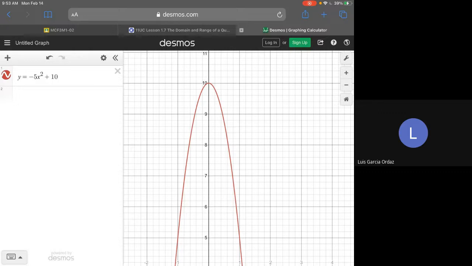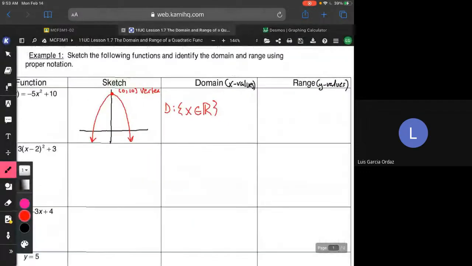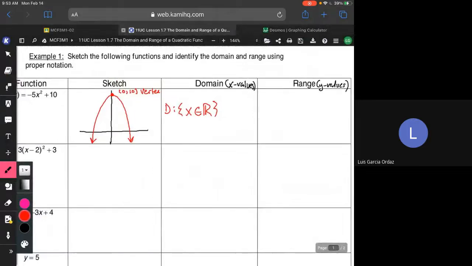So your range depends on your vertex, and it also depends on how the graph opens.